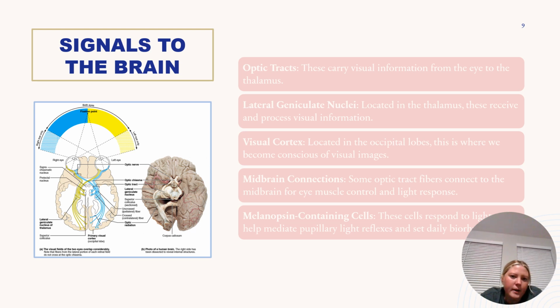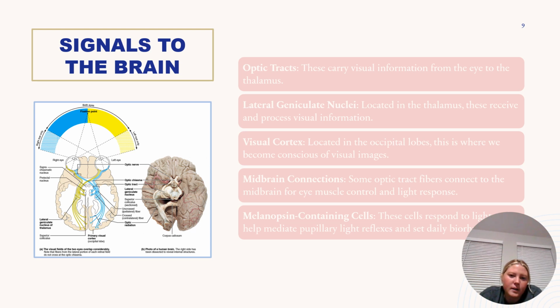And then the midbrain connection is where some of the nerve fibers in the optic tract send branches to the midbrain. One set ends in the superior colliculi, where they control the extrinsic muscles of the eye. Another set comes from a subset of ganglion cells in the retina that contain the visual pigment melanopsin.